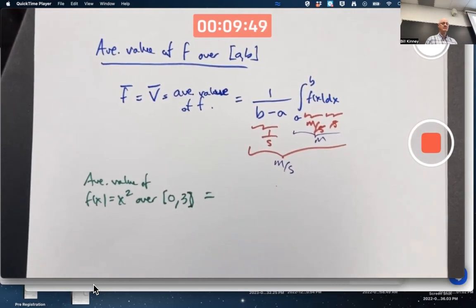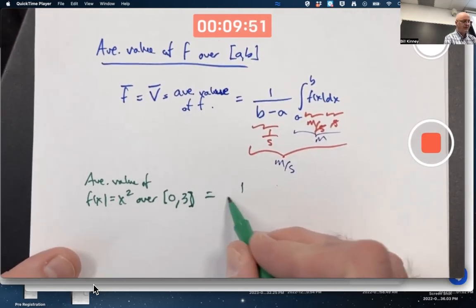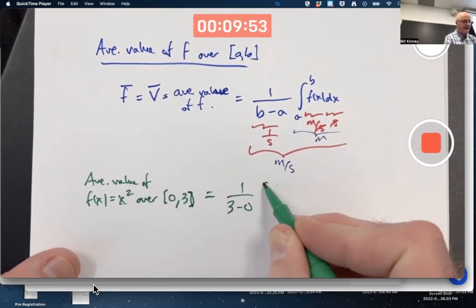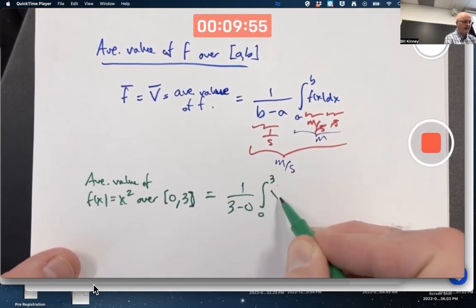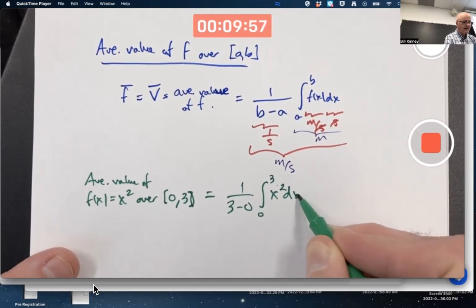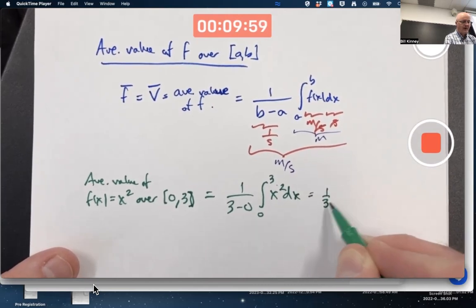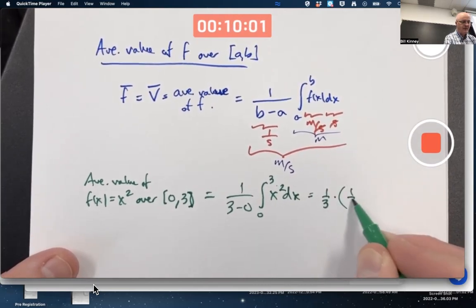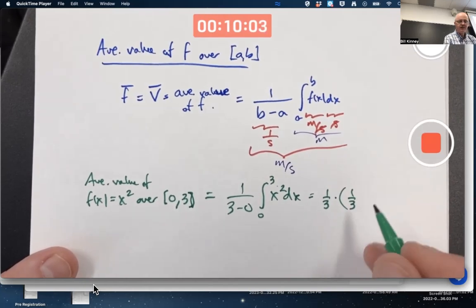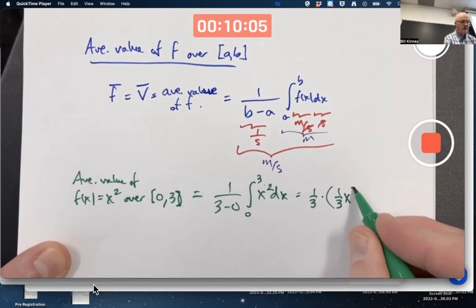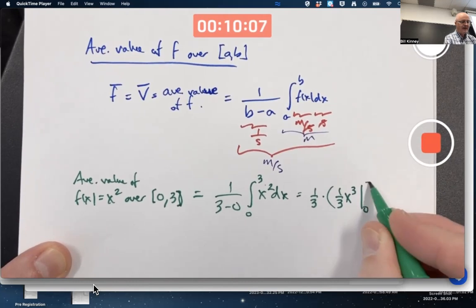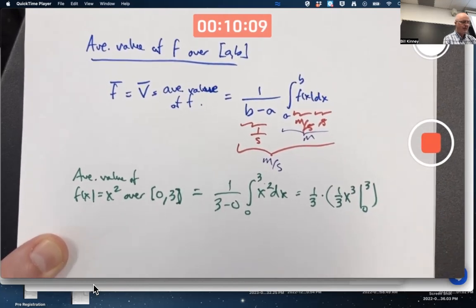Just use the formula. Go 1 over 3 minus 0 times the integral from 0 to 3 of x squared. Leave the 1/3 out in front. Do the integral with the fundamental theorem of calculus. The antiderivative of x squared is 1/3 x cubed. You evaluate that from 0 to 3.